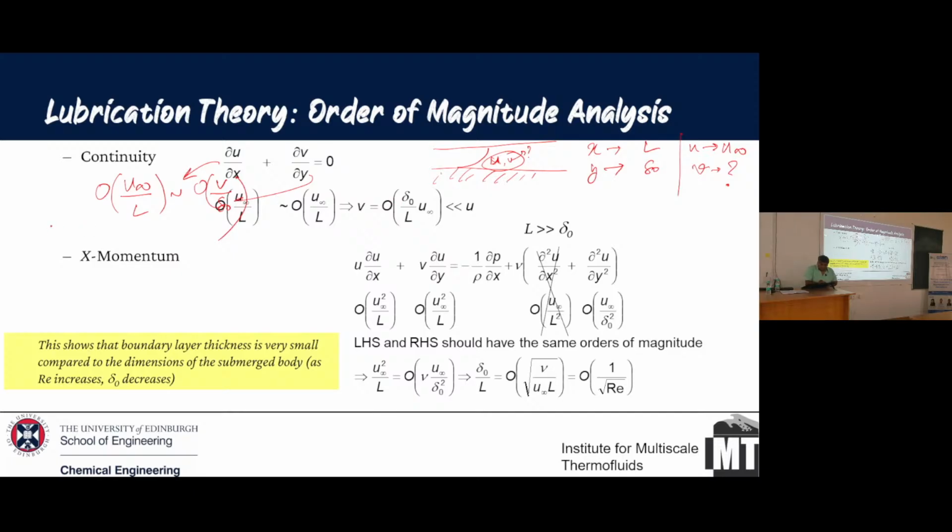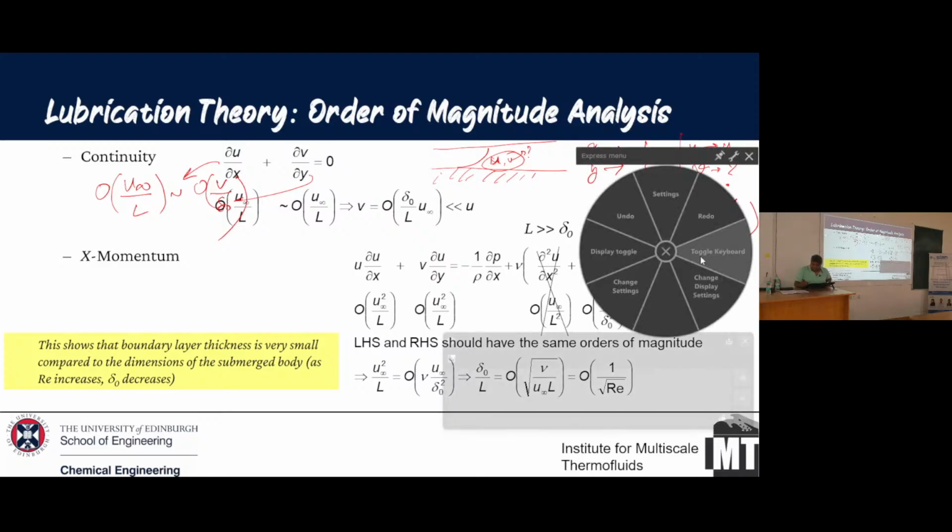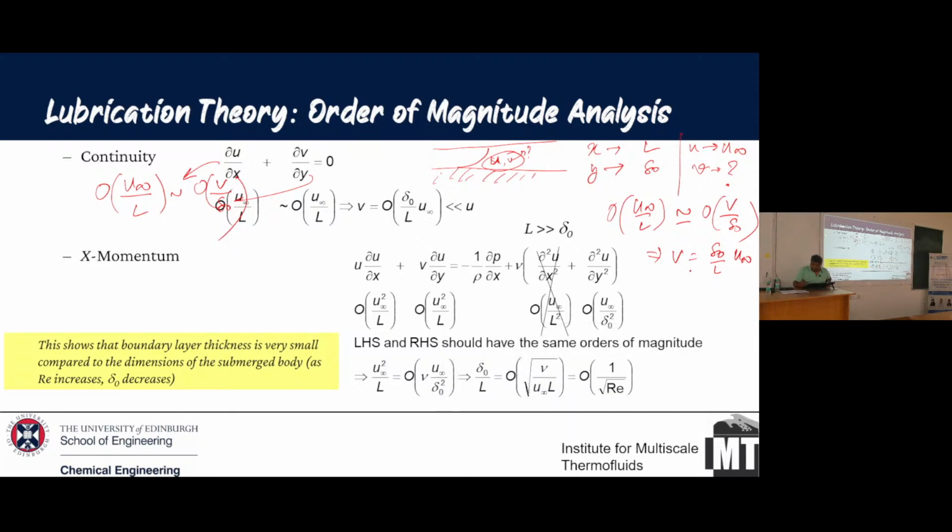Because there is an equal to sign here, I can write this as order u infinity by L is approximately equal to order v by delta naught. Therefore, from here I can get v is something like delta naught by L times u infinity. And this is an order of magnitude. So this is just an order of magnitude analysis with respect to understanding what v is.